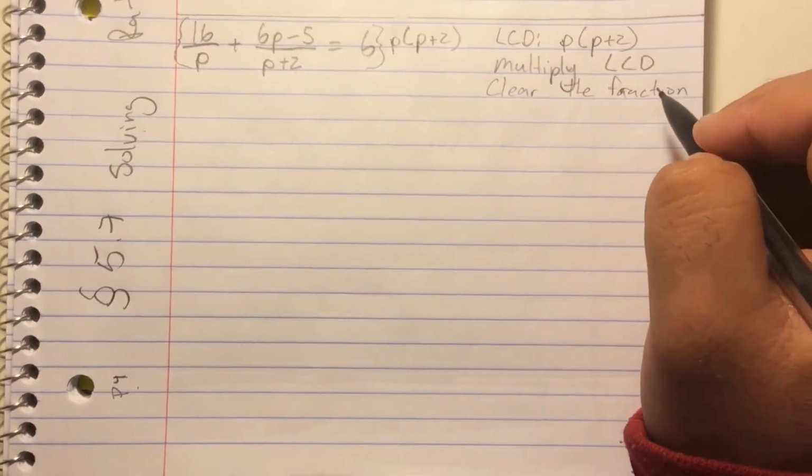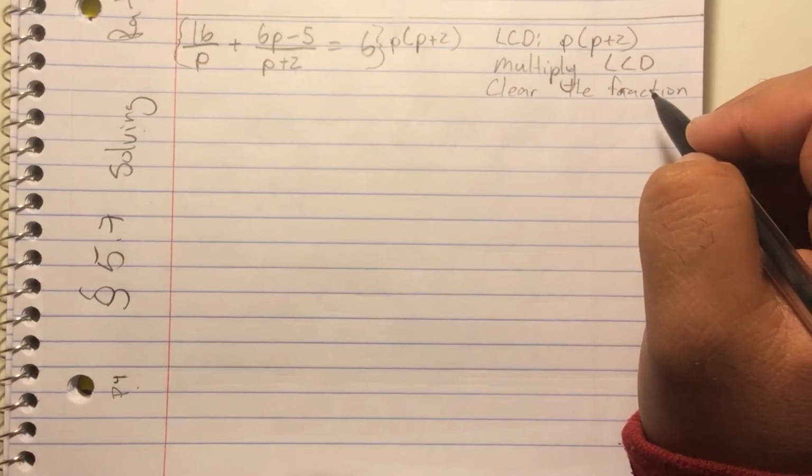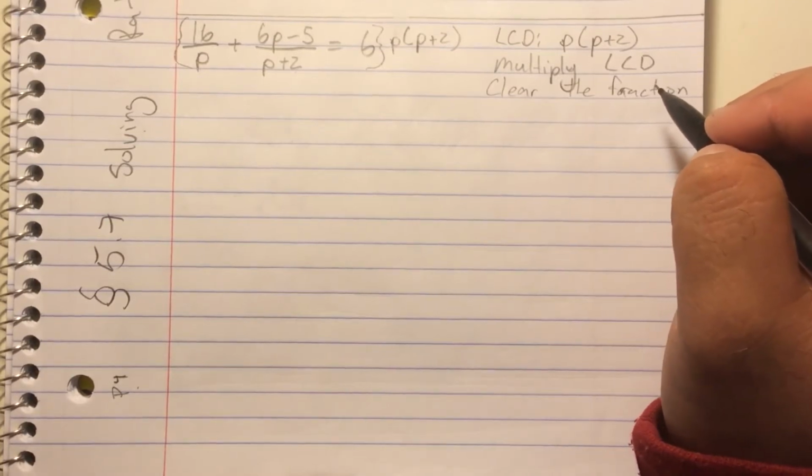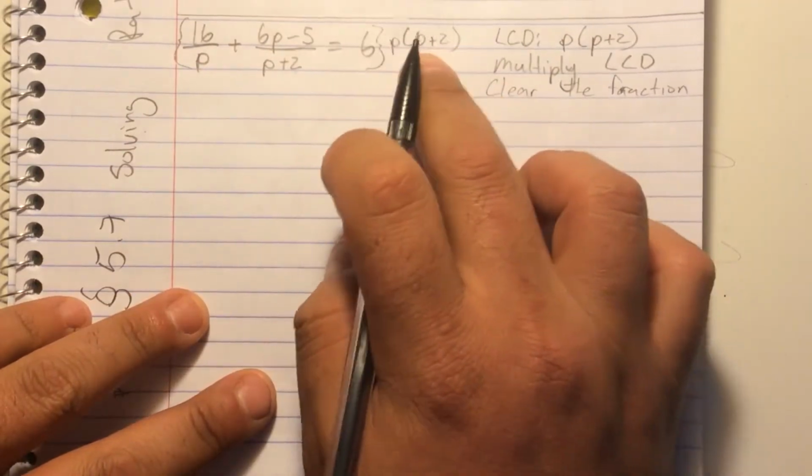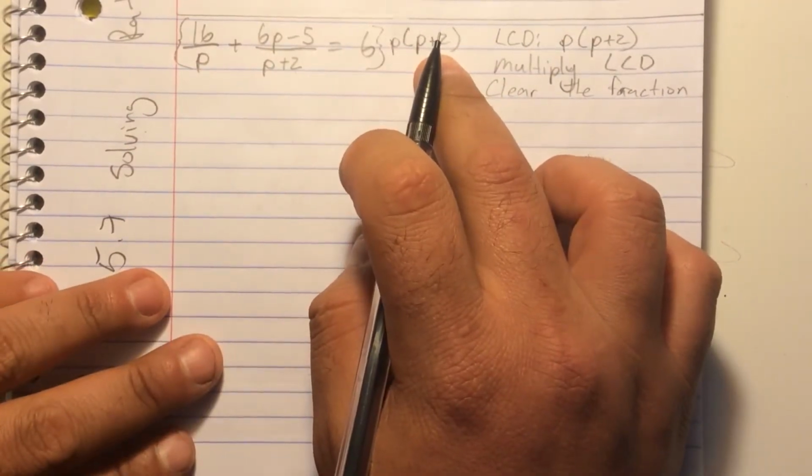All right, so, excuse me. Clearing the fractions. So let's go ahead and rewrite our equation, multiplying the p times p plus 2.